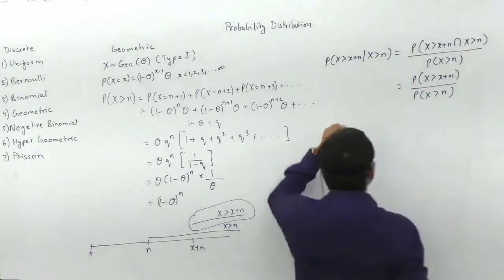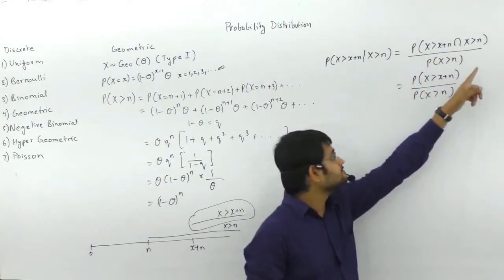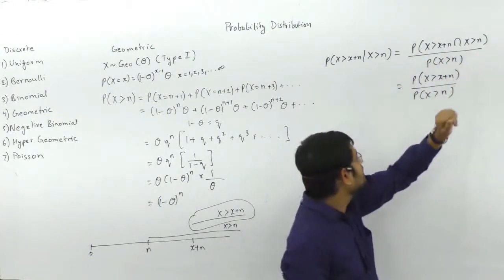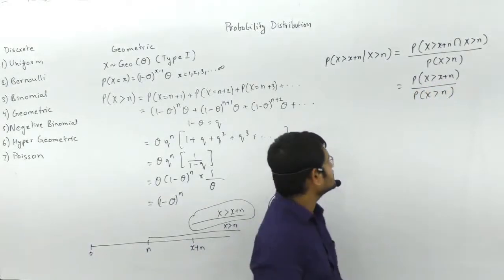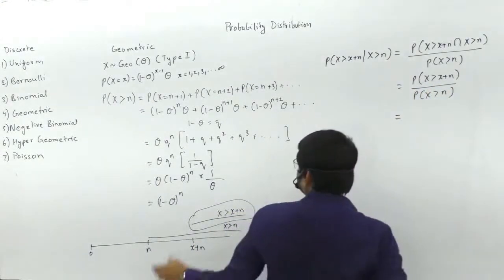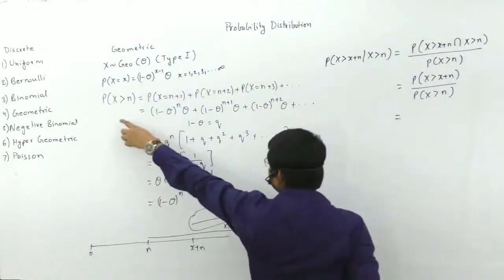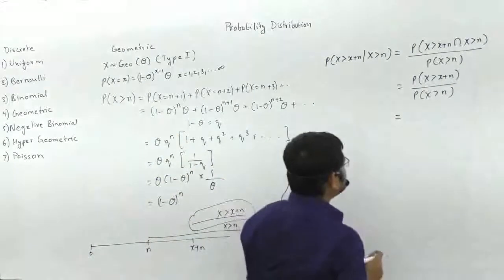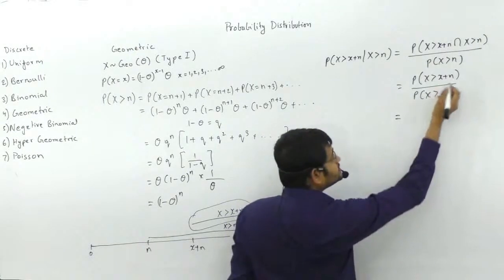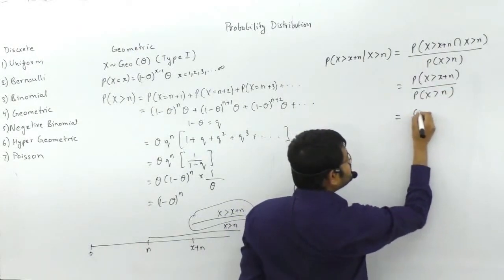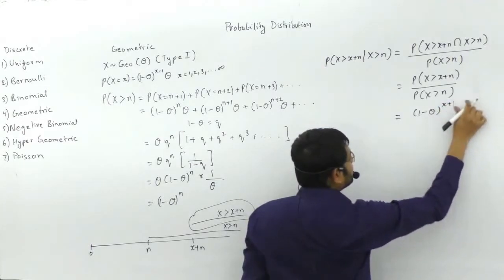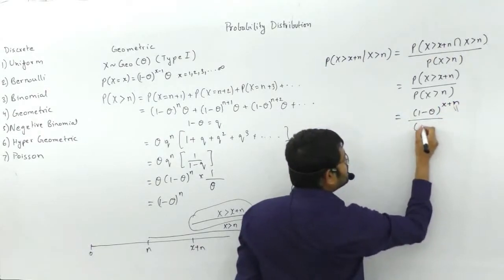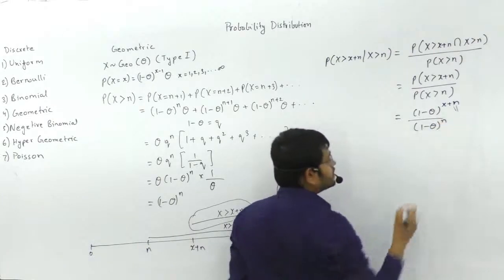So I can write the intersection between x greater than x plus n and x greater than n as nothing but probability x greater than x plus n. Now, just because we just found out what is probability x greater than n, I can find what is probability x greater than x plus n. So it will be (1 minus theta) raised to x plus n upon (1 minus theta) raised to n.